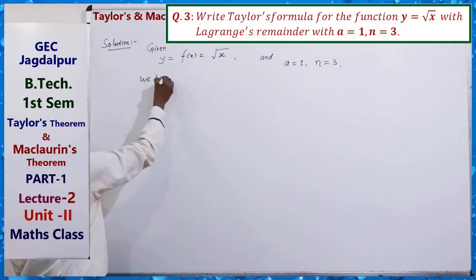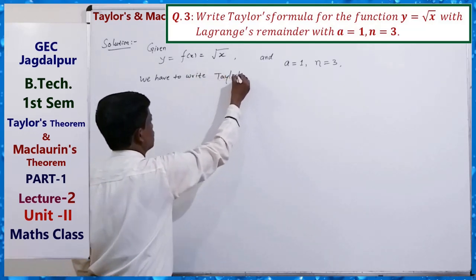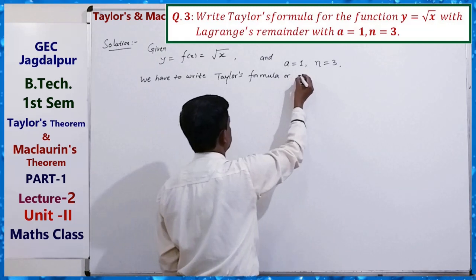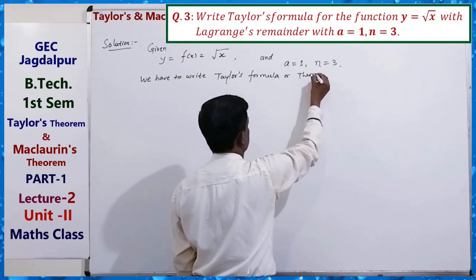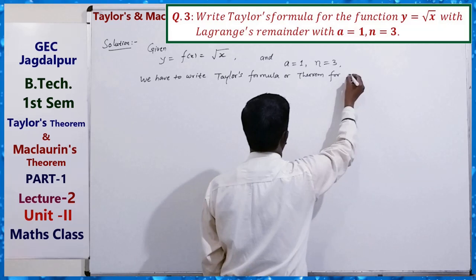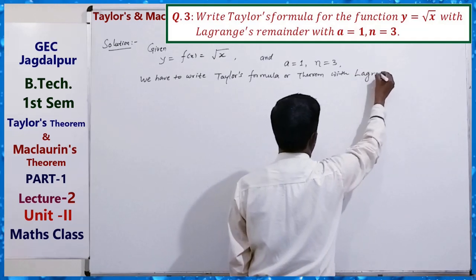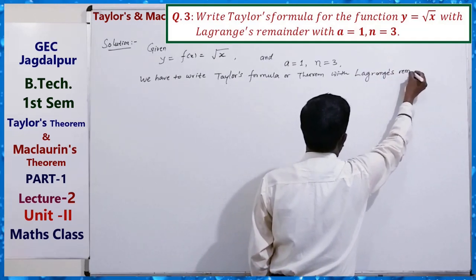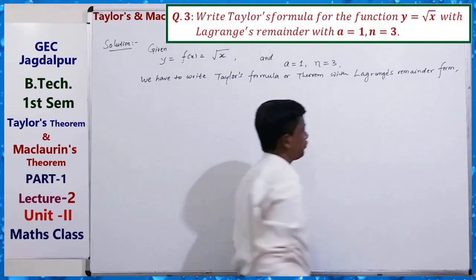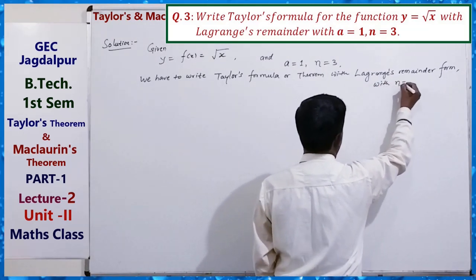We have to write Taylor's formula or theorem with Lagrange's remainder form with n equals 3.